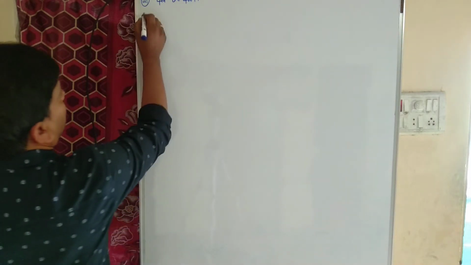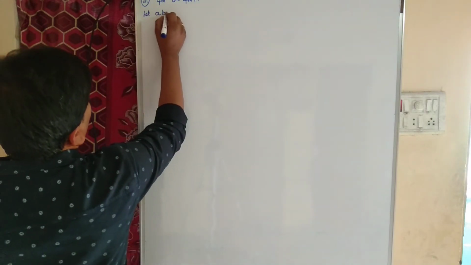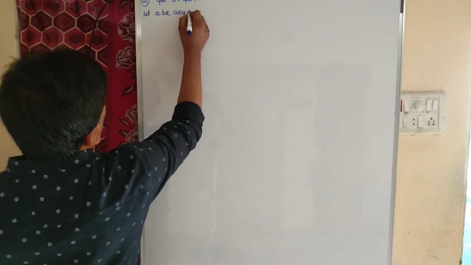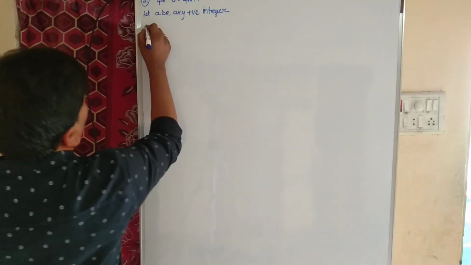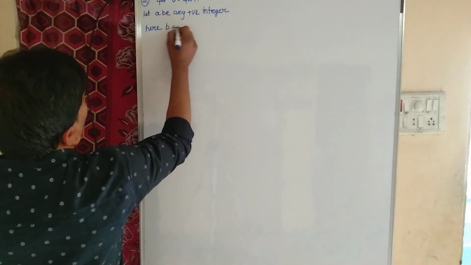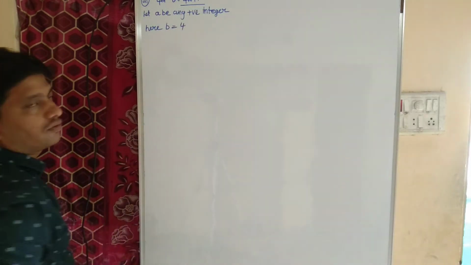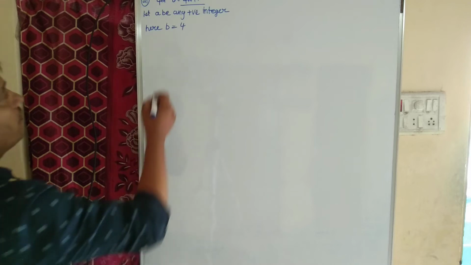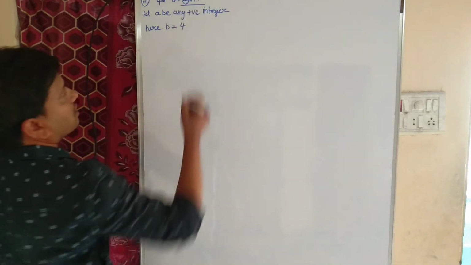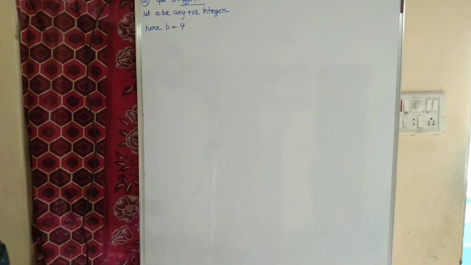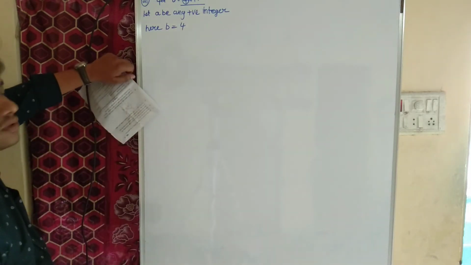Okay, let a be any positive integer. Here what is the value of b? Here b equal to 4, children, because it is in the form of bq plus r. Here the b value is 4.